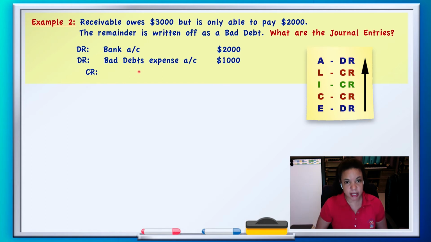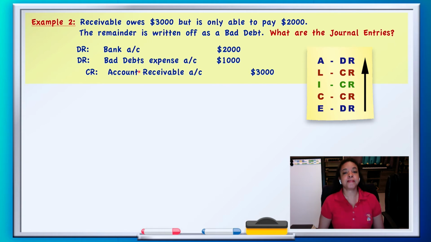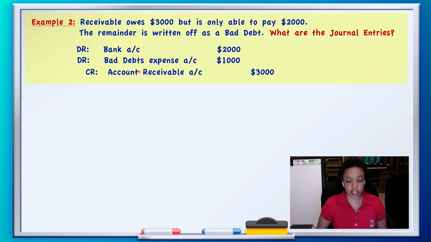So that means that as an asset, it's decreasing. So you're going to go on the credit side, credit the accounts receivable, and how much in total? $3,000.